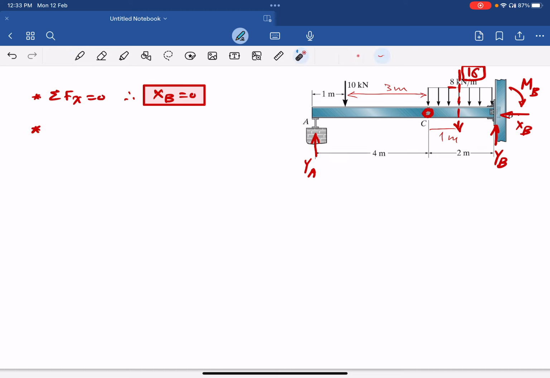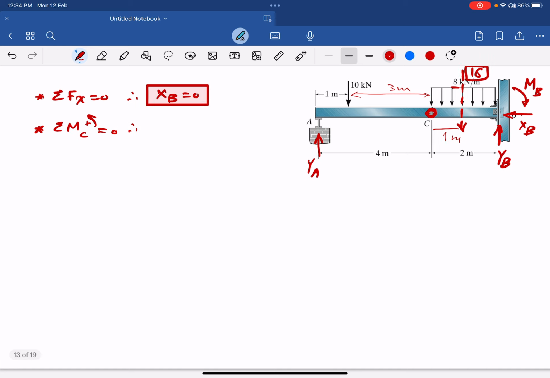Now let's find a second reaction. In this case, the easiest way is to take a moment at C for this left side, and we can find the Y at A. Summation of moment at C equals 0. Let's make counterclockwise positive.